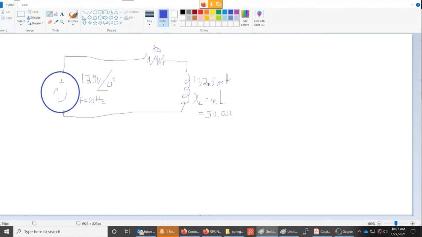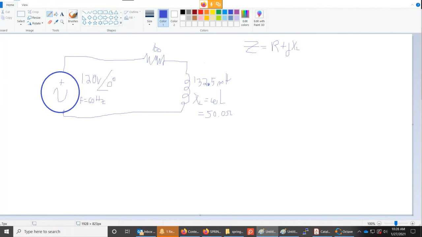All right, so therefore we can calculate our current I. Well, we need to calculate the Z. So Z is equal to, in a series circuit, which is what we have, Z is equal to R plus j times X of L minus j times X of C. It's just another way of writing it, okay? But I don't have any capacitor here, so I'll just pull that piece out.